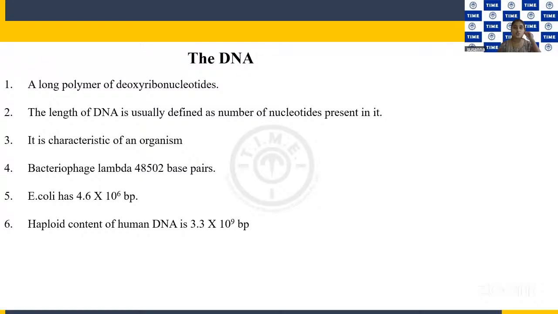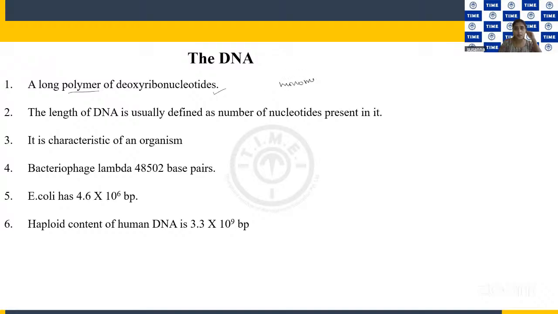So the first thing we need to study is DNA. What exactly is DNA? It's a long polymer, a polymer of deoxyribonucleotides. It's not a monomer unit, but a polymer. Polymer means a continuous chain made up of small monomeric units.